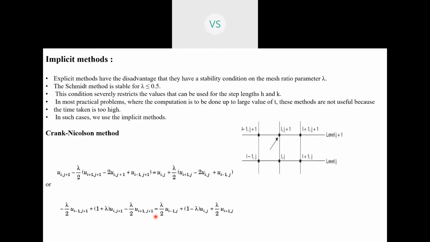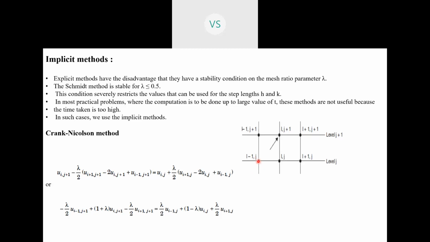So on the left side they are writing this level's values, considering the nodal points at this level. On the right side they are considering the nodal points of the previous level. So in the simplification, the left side is minus lambda by 2 into this point, plus 1 plus lambda into this point, again minus lambda by 2 into the right point, is equal to the same for the level below, but here it will be plus.